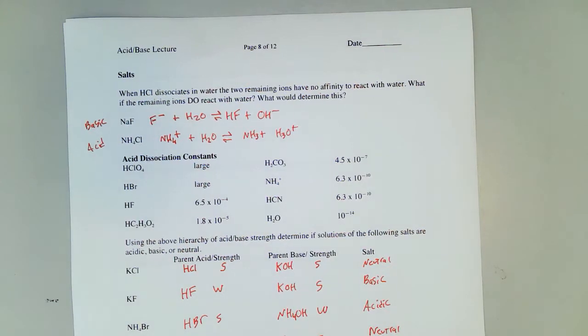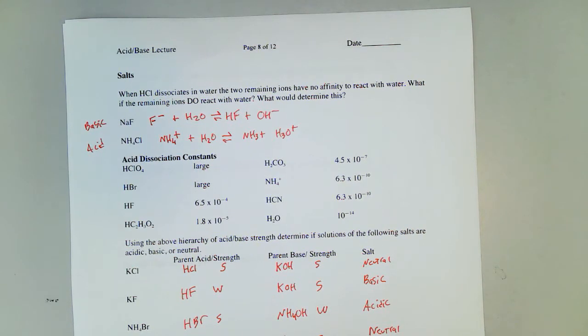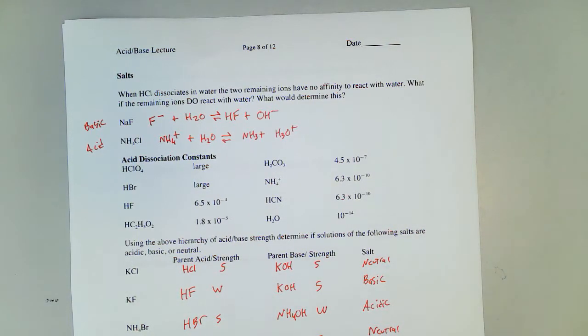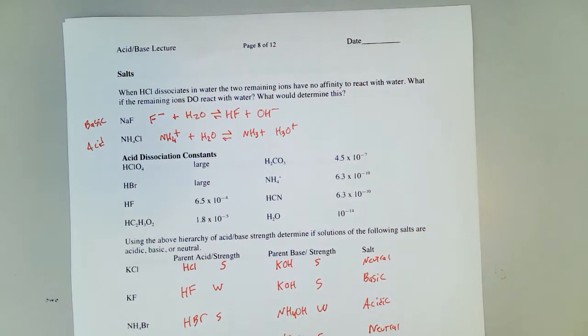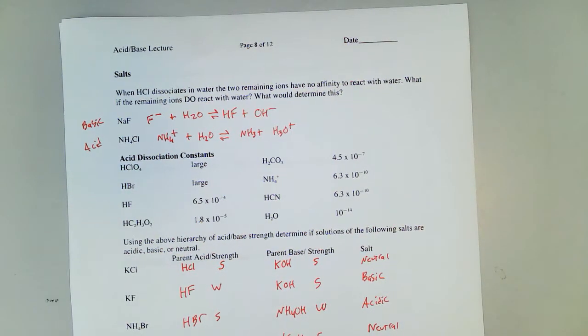Now, we're going to look at a couple that are both weak. So we start off with NH4CN. That's going to have HCN and NH4OH. Now we need to figure out the strengths of the conjugate bases, so to speak. For NH4 plus, we have a Ka of 6.3 times 10 to the negative 10th.